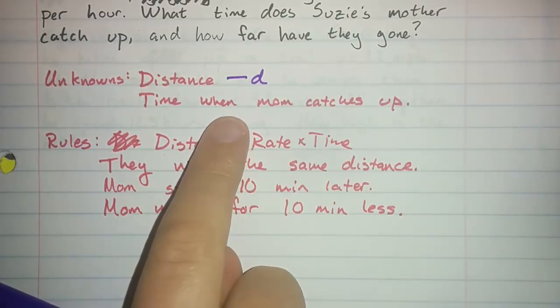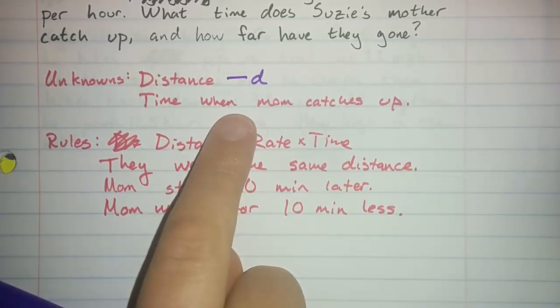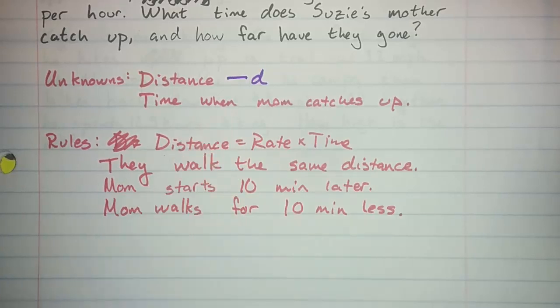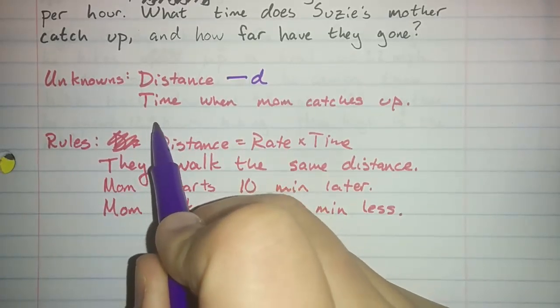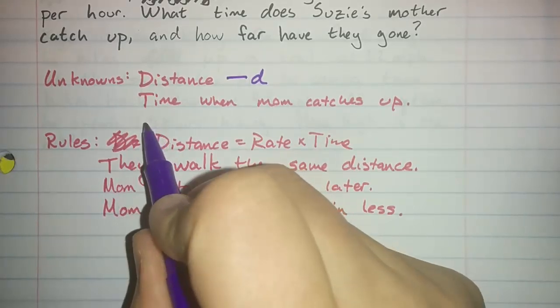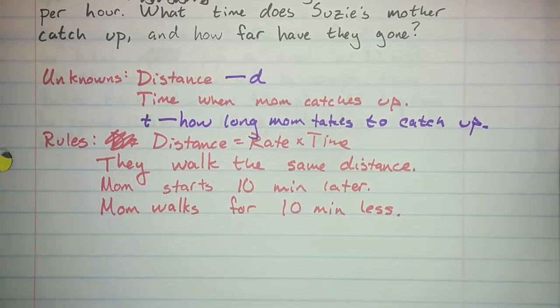I would really rather not try to do computations with a clock time. I'm going to do computations with just a duration, the time that it takes. And I've chosen T to be specifically how long mom takes to catch up, so not how long Susie has been walking.